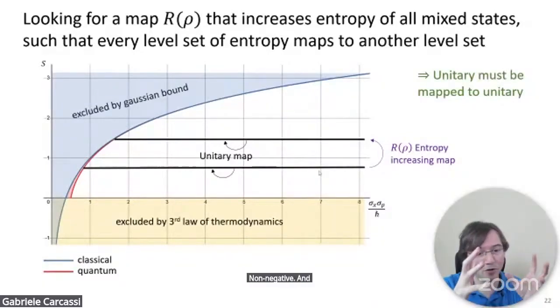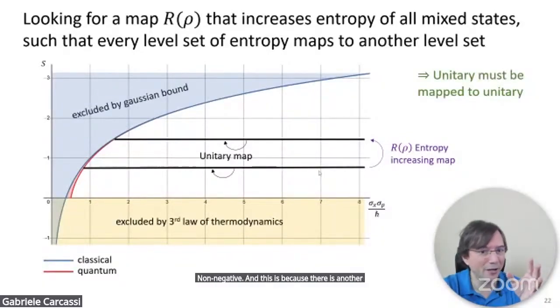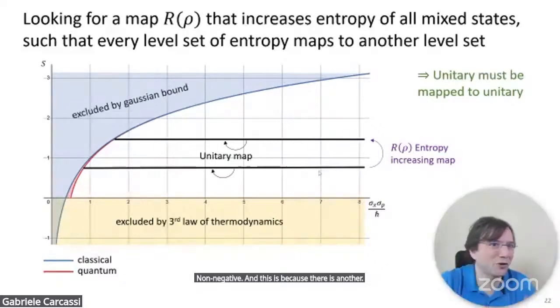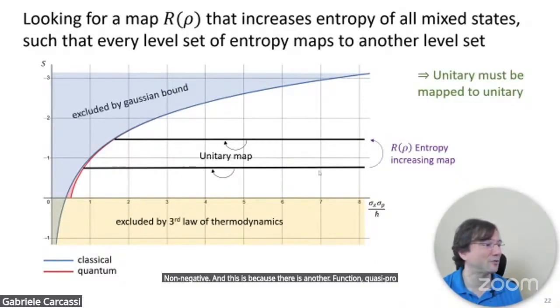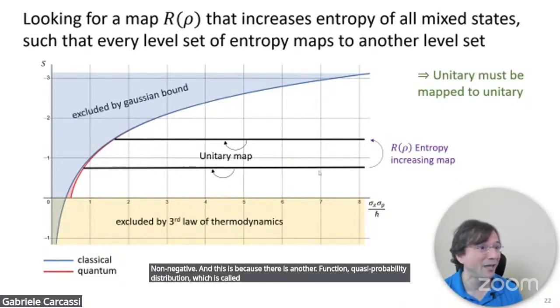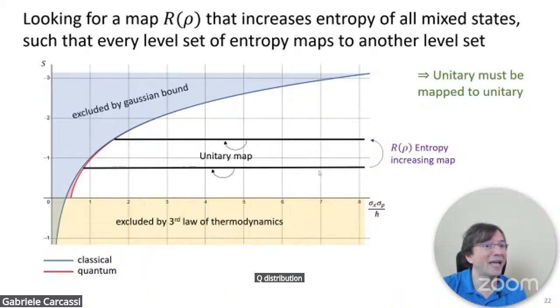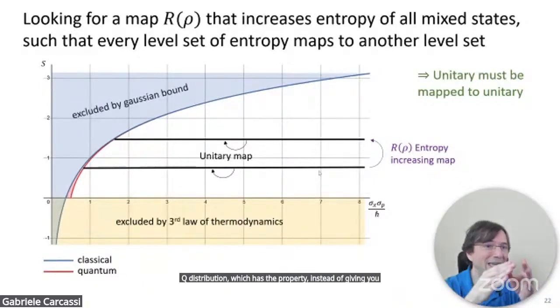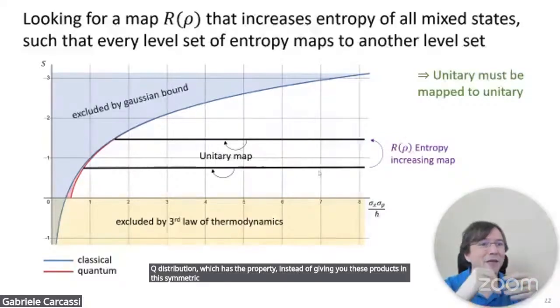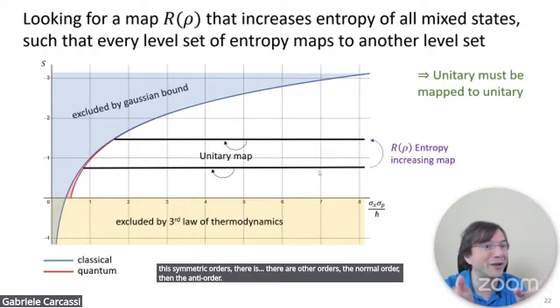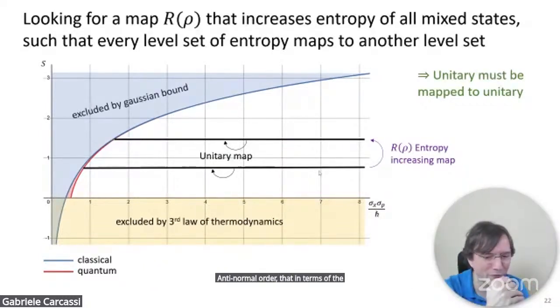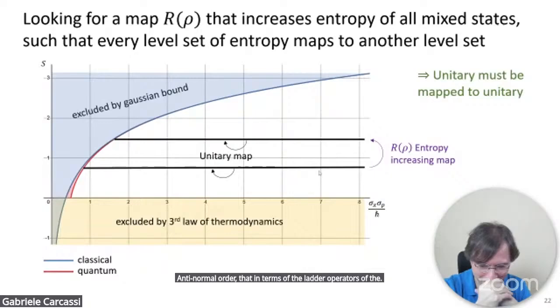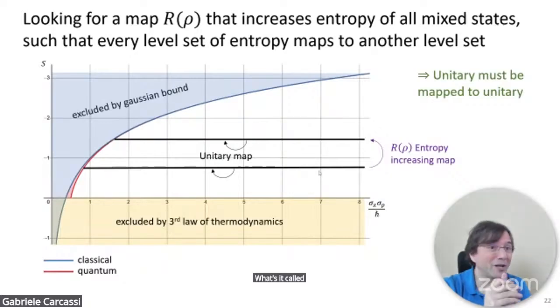And this is because there is another quasi-probability distribution, which is called the Husimi Q distribution, which has the property that, instead of giving you these products in symmetric order, there are other orders, the normal order, then the anti-normal order, that are in terms of the ladder operators of the harmonic oscillator.